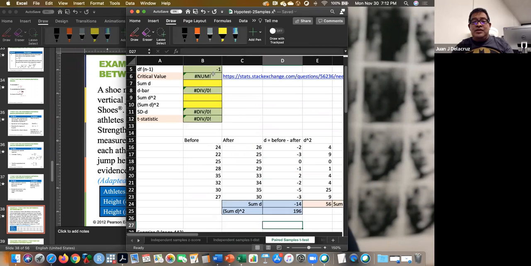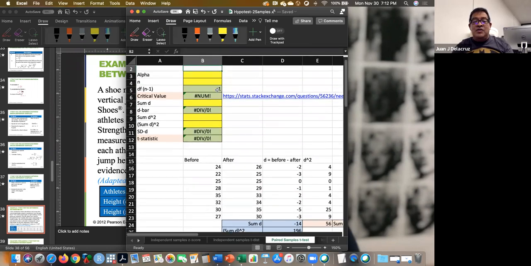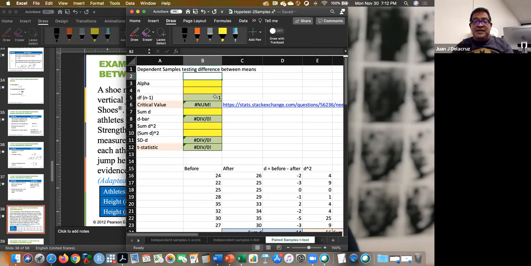In order to make this work, this table, unfortunately, is built only for the observations I have here. As you can see, most of the data comes from what I have here. My point is, if you have a different table, you probably have to modify some of these, like for example, the degrees of freedom is equal to n minus 1.